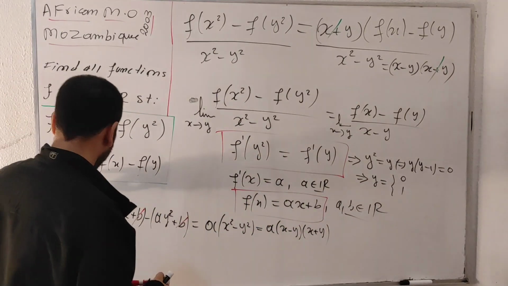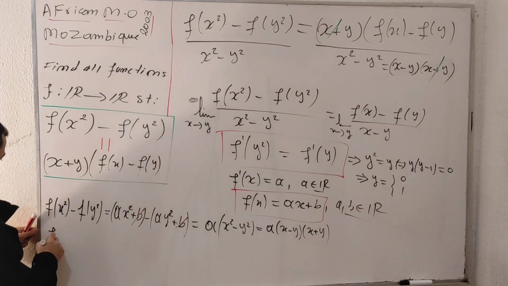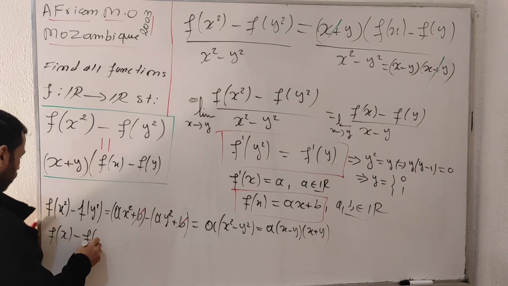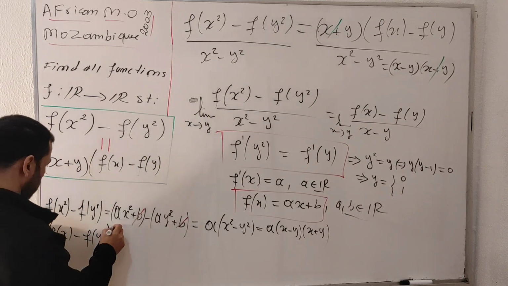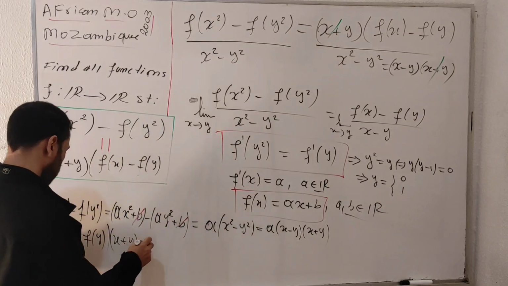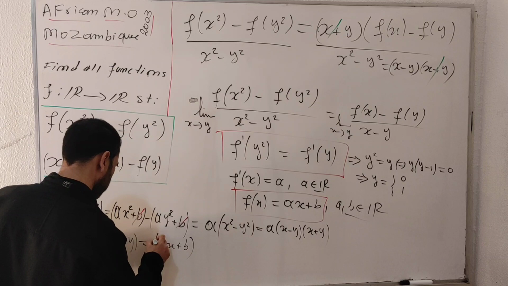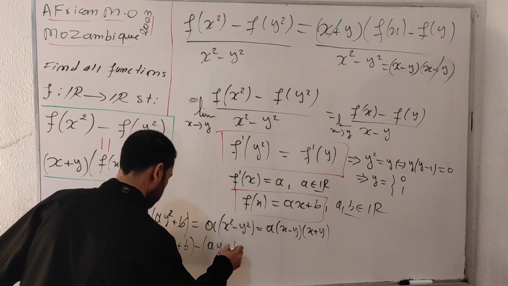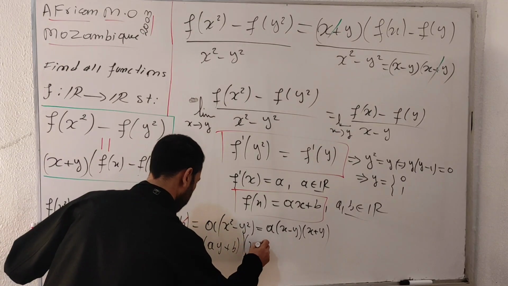By checking the right hand side of this equation, I'm going to do the same thing. I will have f of x minus f of y multiplied by x plus y, which is ax plus b minus ay plus b, the whole thing multiplied by x plus y.